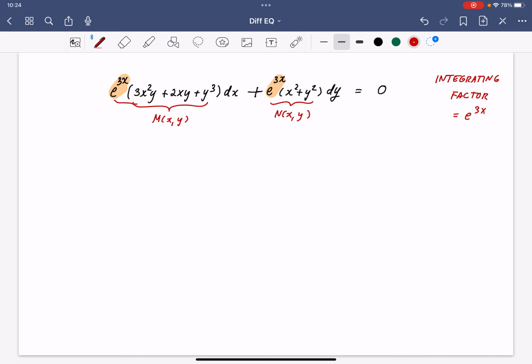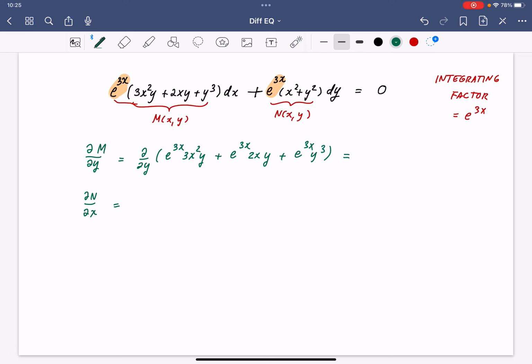Once you multiply it to the equation, now if you differentiate m with respect to y, and differentiate n with respect to x, it's gonna be the same. So differentiate with respect to y of e to the 3x times 3x squared y plus e to the 3x times 2xy plus e to the 3x times y cubed.